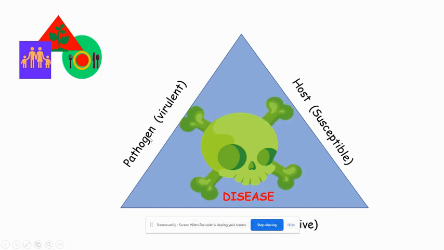There must be a pathogen, and this pathogen should be a virulent pathogen. It should have the potential to cause disease in the host plant. The host should be a susceptible host. It should be prone to disease development. And while these two favorable factors are present, the environment should also be conducive. That there should be optimum temperature or pH or water quantity for disease to occur.